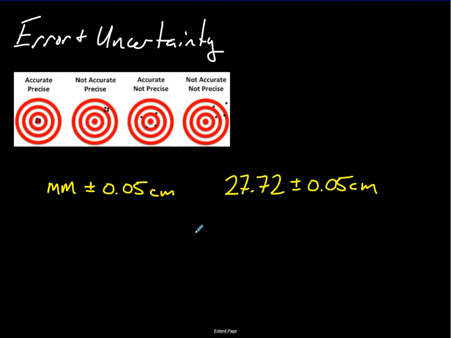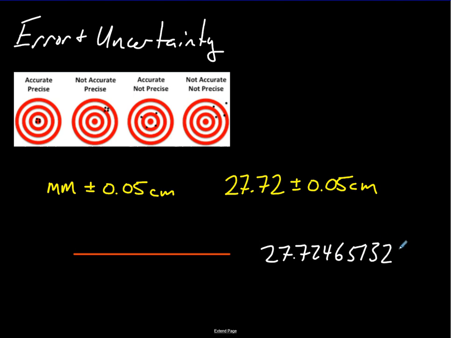Now, in reality, there's going to be a true length for the object, okay? If we had omnipotent powers, it might be 27.72465513, I'm just making things up, etc. centimeters, right?